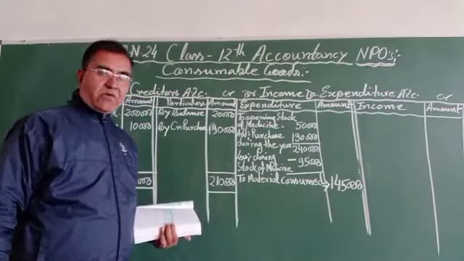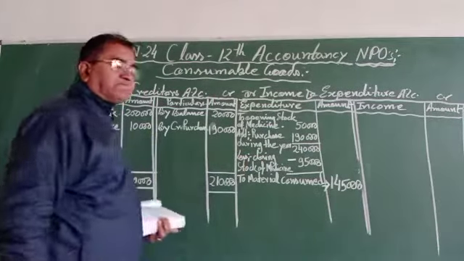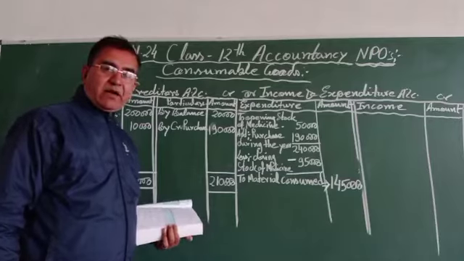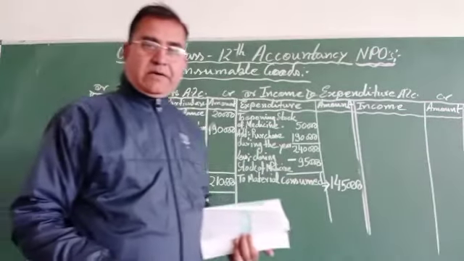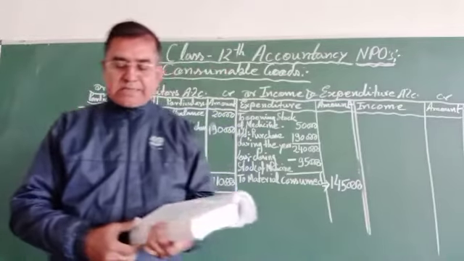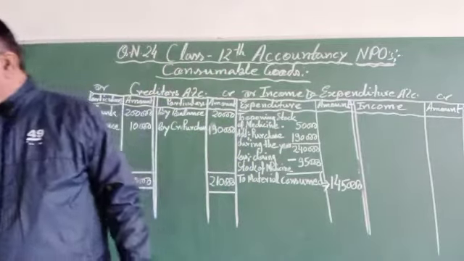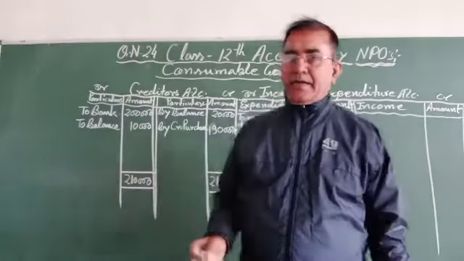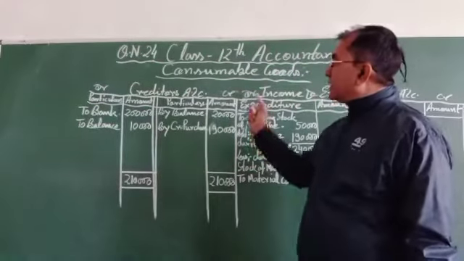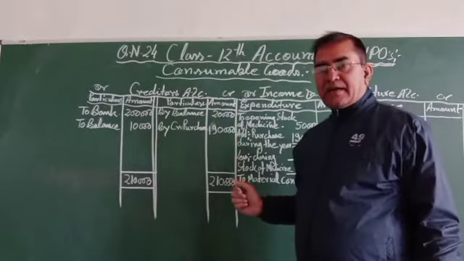Just the amount will be debited to the income and expenditure account, 1,45,000. How? What's the method? Just go through the steps involved in calculating the stock of material consumed.